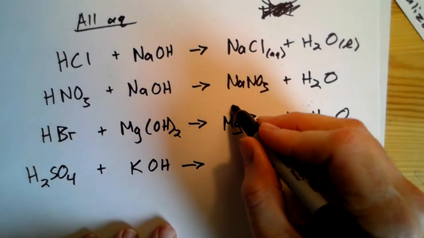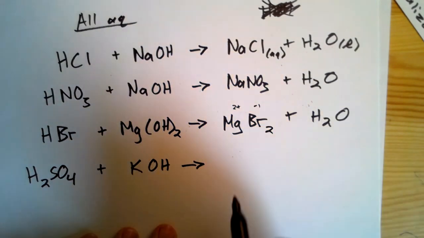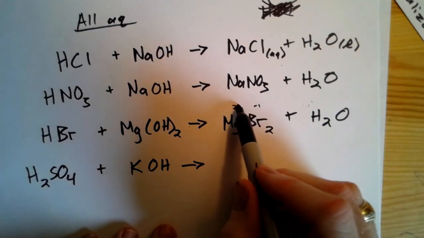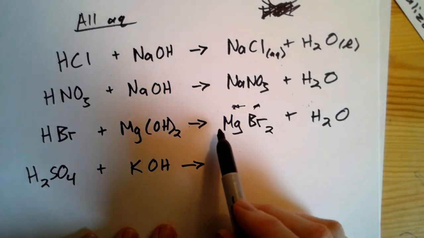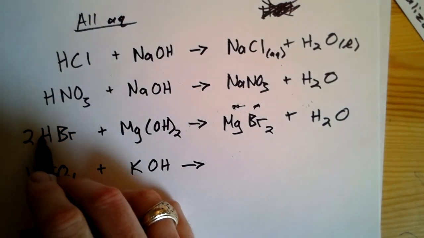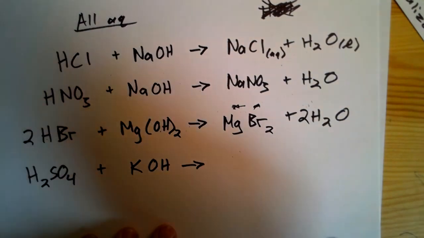So Mg is a 2 plus charge, bromine's a -1. So that means I should put a 2 right there, to make 2 -1 charges to cancel it out. And since there's 2 bromines, I should have 2 bromines over here. So I have 2 hydrogens, 2 hydroxides makes 2 waters.